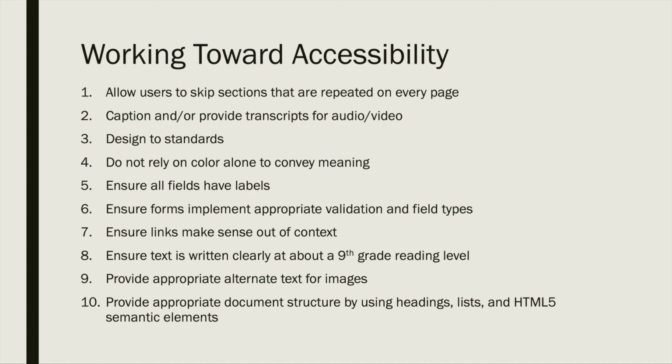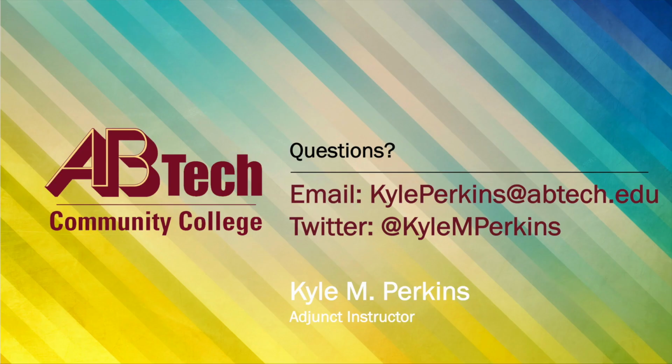You want to provide appropriate document structure by using headings, lists, and HTML5 semantic elements. And last but not least, you want to provide headers, or TH, for data tables. Once you go through a few accessibility practices, including the Code With Me videos, you'll have a better understanding about how these 11 steps can help you develop a more accessible website.